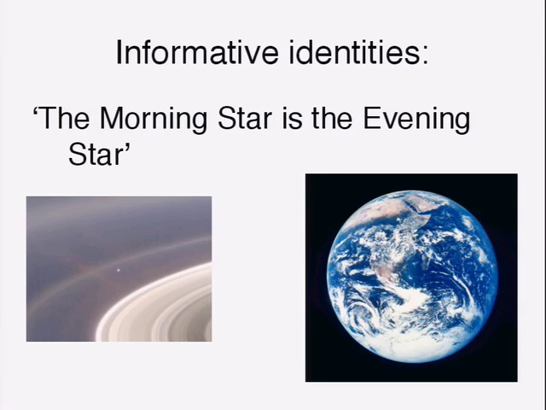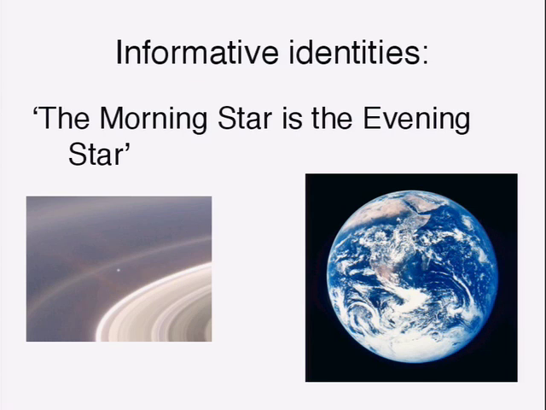Okay. What about the morning star is the evening star? The brightest star you see in the morning is the brightest star you see in the evening. Analytic or a priori? Is it on the one hand analytic, a priori, or not analytic and not a priori?